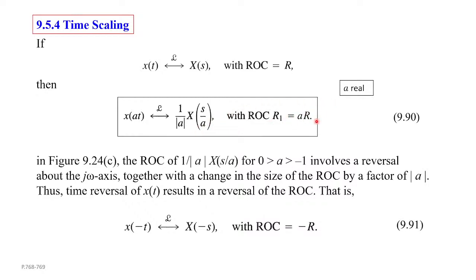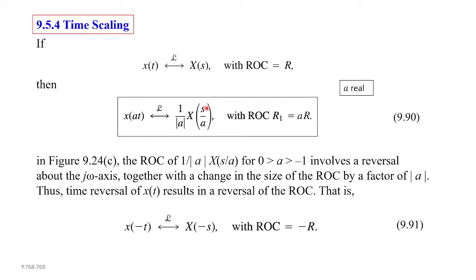Your ROC will become a times the original ROC. It might stretch or compress your ROC depending on whether a is bigger than 1 or less than 1. Also, a is a real number here because we think of time as real, so we don't have imaginary time, but we have imaginary frequency.